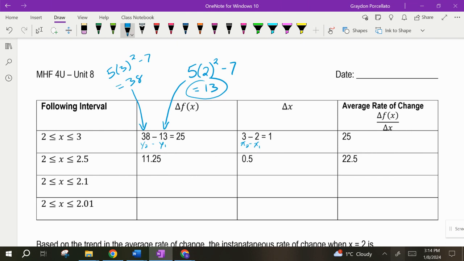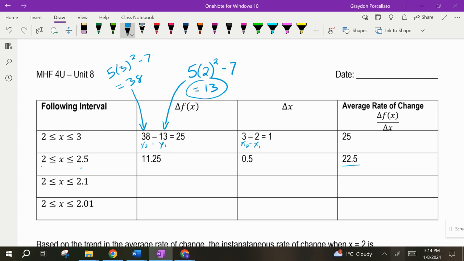If I continue to do that, my average rate of change between 2 and 3 is 25. My average rate of change between 2 and 2.5 is 22.5. Notice we're getting closer and closer to 20.